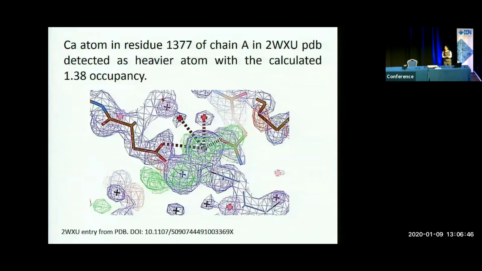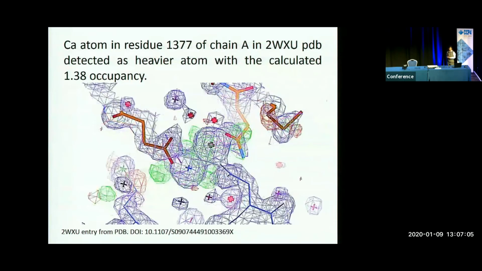The crystallization condition indicates that cadmium sulfide was added, and we expect that it is cadmium in half occupancy with water, modeled as calcium. After rebuilding, we can see the map again.